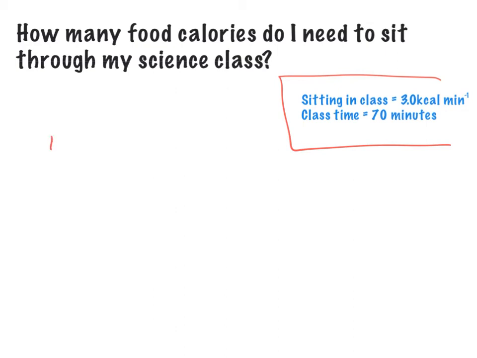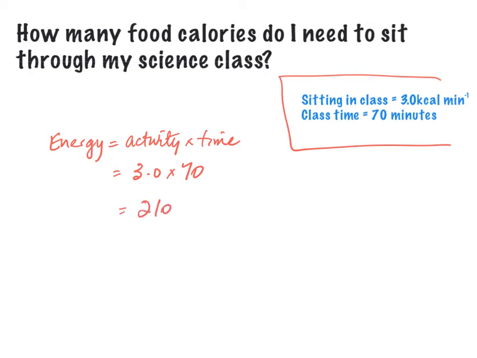So energy just to sit equals the activity times time. And so we've got 3 kilocalories times 70 minutes, it's per minute, so 210 kilocalories of energy are required.